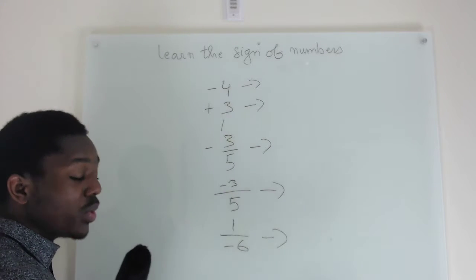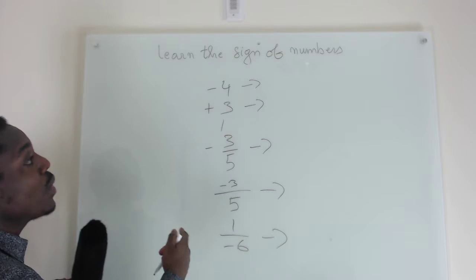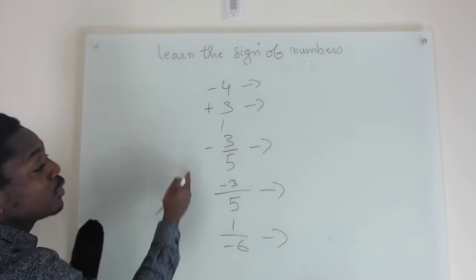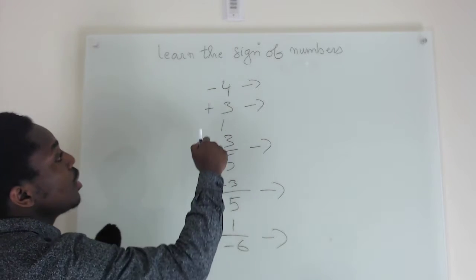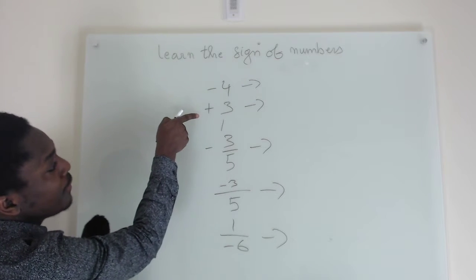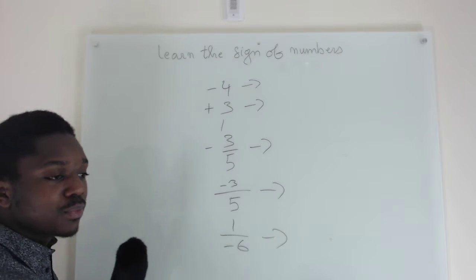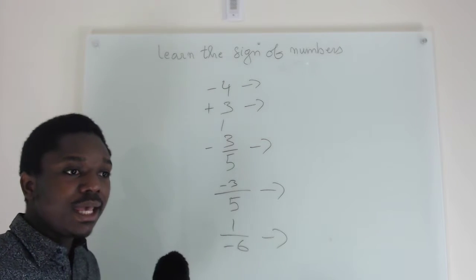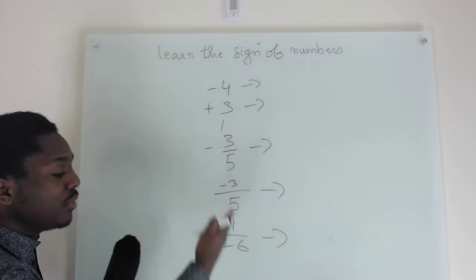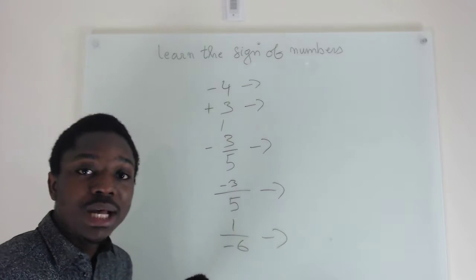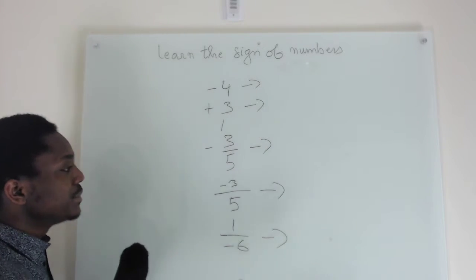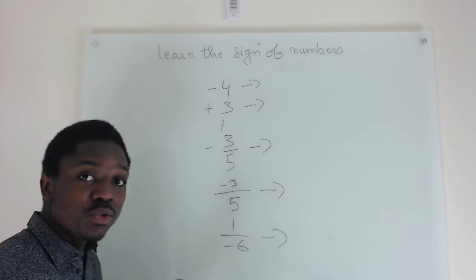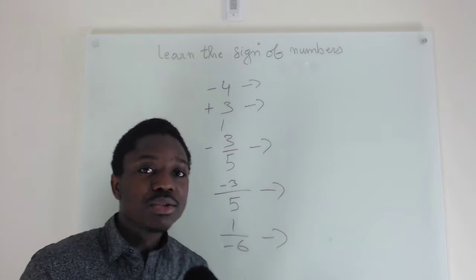The question is, what are the signs of the following numbers? Basically, you have to write down on a paper what is the sign of each of the following numbers. So go ahead and pause the video, do the exercises, and then when you are done, hit the play button again, and we are going to do them together. So see you soon.